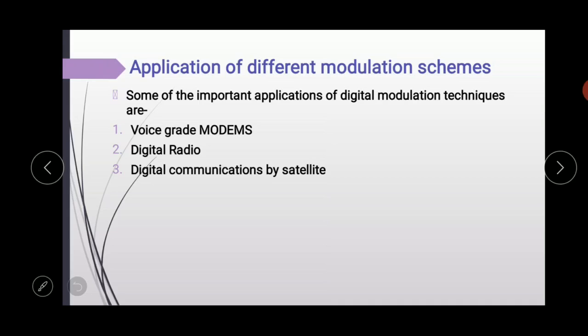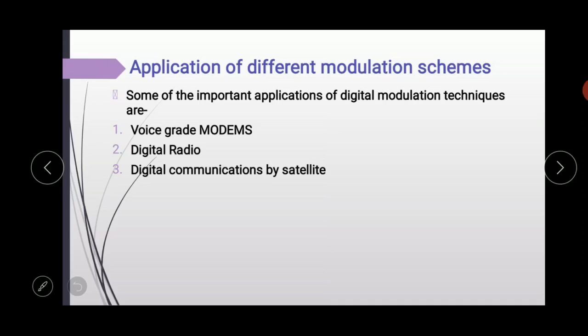Therefore, it is necessary to use a data transmitter to modulate a voice signal. So for that purpose we use modem. We know that modem converts the digital data to analog data and transmits over an analog channel.